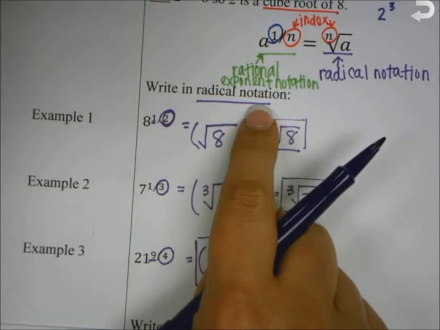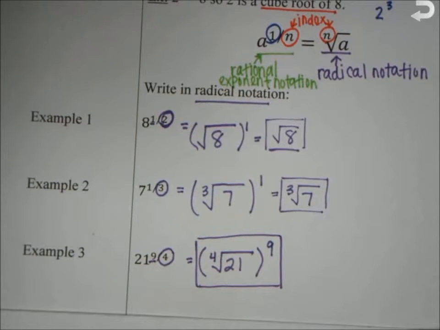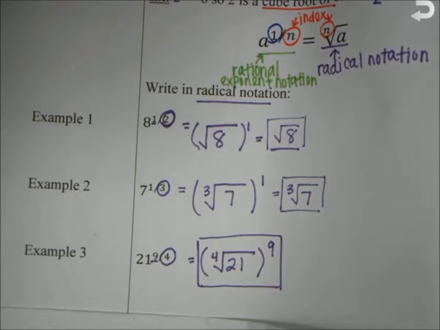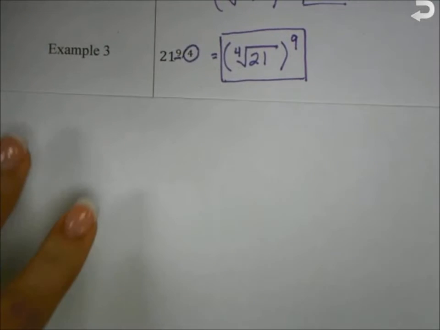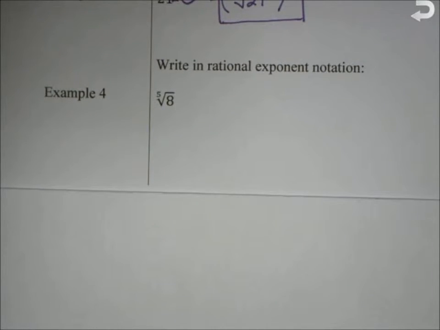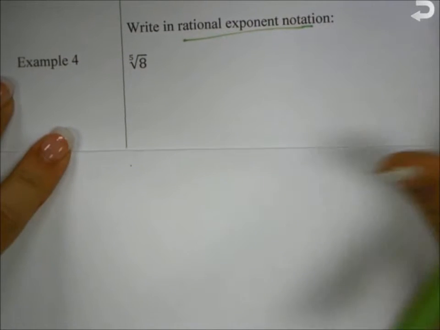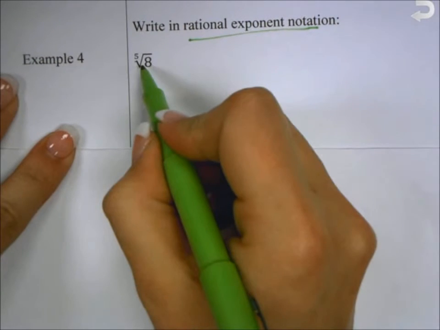So let's try going backwards. So this time we want to go from radical notation and put everything in rational exponent notation. So I have the 5th root of 8, and there's no exponent here, so that's the same as the 5th root of 8 all to the first power. So I'm going to take this index, and that becomes the denominator of my fraction.